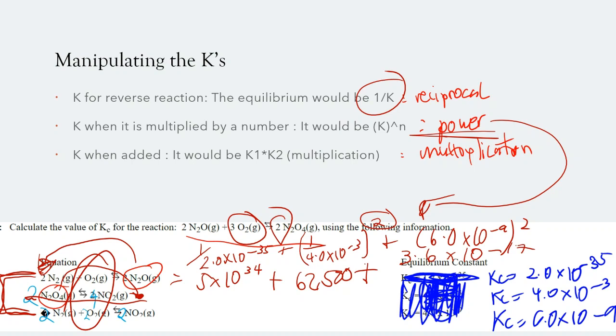So after you do that, 62,500 plus 5 times 10 to the 34th, you get 5.